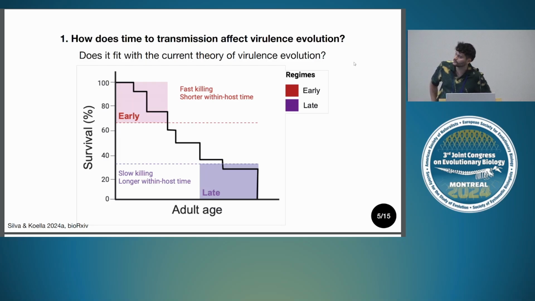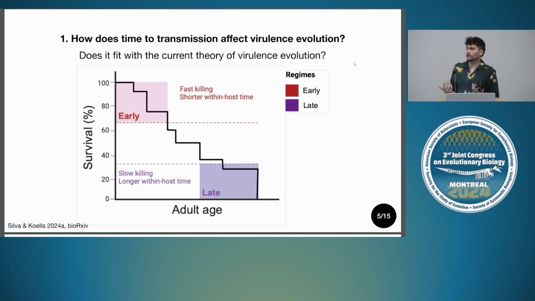We selected the first third of the mosquitoes that died and collected their parasites, and the last third of the mosquitoes that died and collected their parasites. The early regime selects for fast killing, or a shorter within-host time. The late regime selects for slow killing and a longer time within the host.